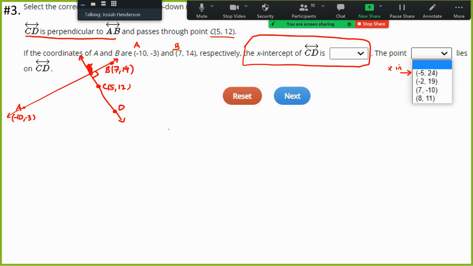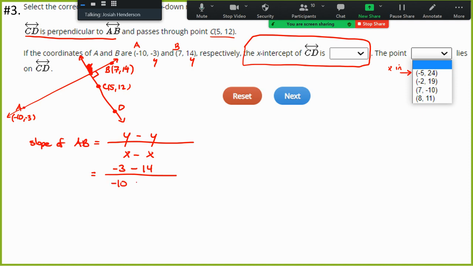So again, we're starting by finding the slope of AB. So hopefully you remember by now what the formula is for slope, y minus y over x minus x, for A and B. Negative 3 minus 14, that's y, and then negative 10 minus 7 for x minus x.